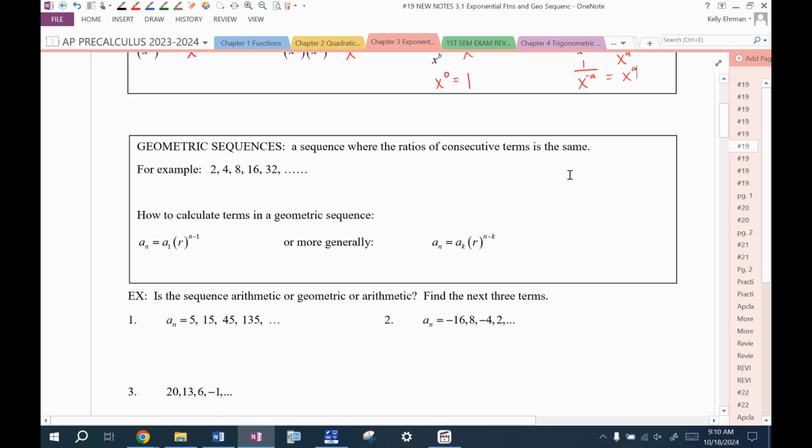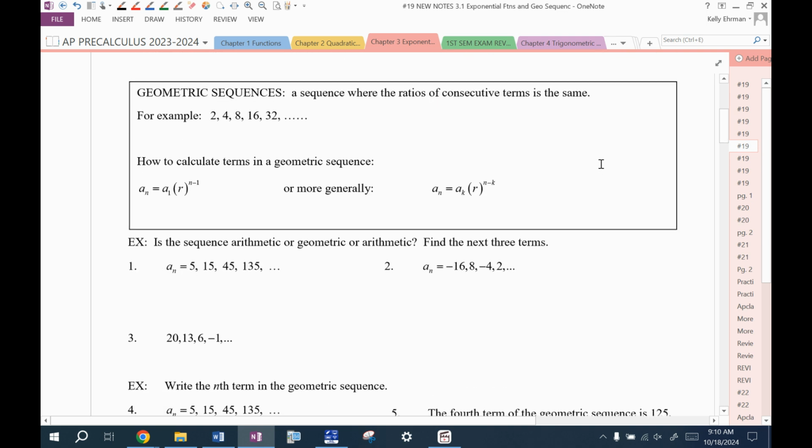All right. Geometric sequences. We talked about arithmetic sequences in chapter 1. So now geometric is a sequence where the ratio of consecutive terms is the same, or constant. So for example, this is a geometric sequence. You maybe can see the pattern without having to calculate, but to check if it's not obvious, divide consecutive terms.